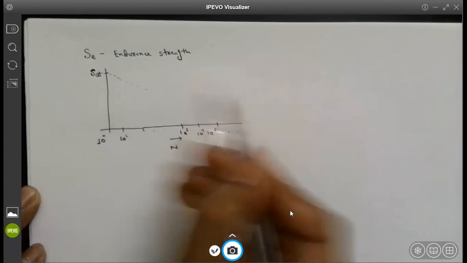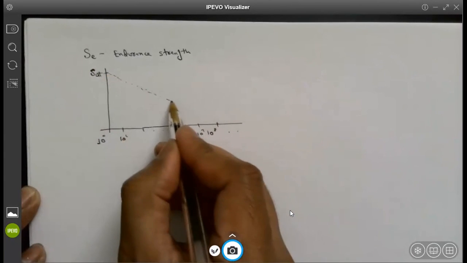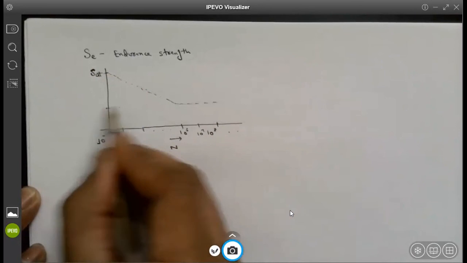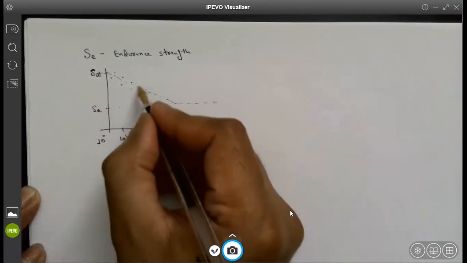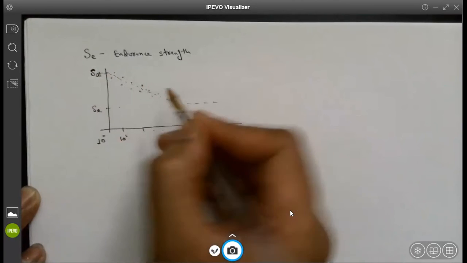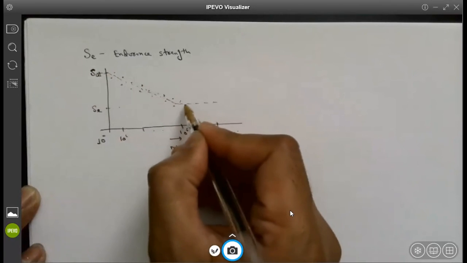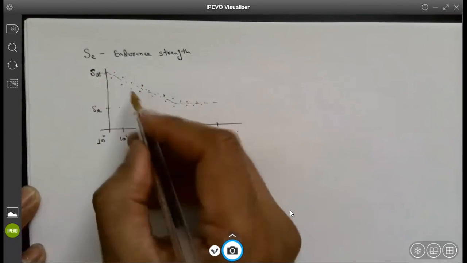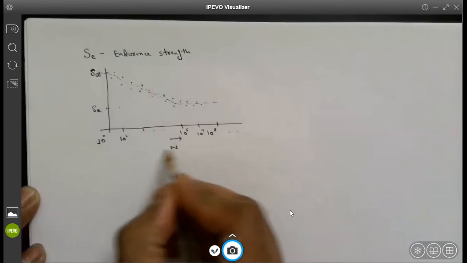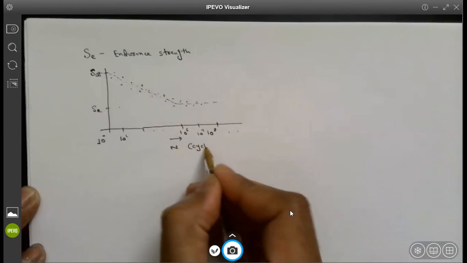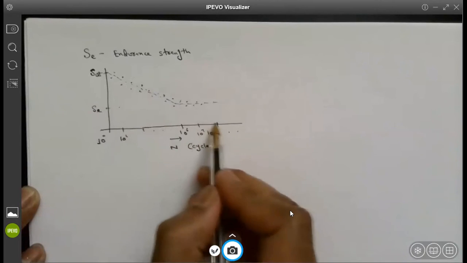And what was observed, at least for steel specimens, is that failure takes place at stress values much, much less than the ultimate tensile strength as the number of cycles of repetitive loading and unloading increases.